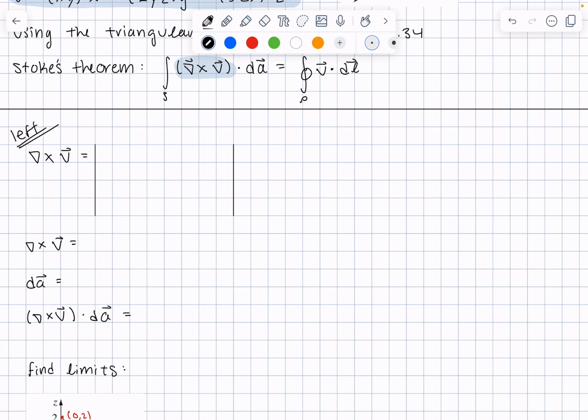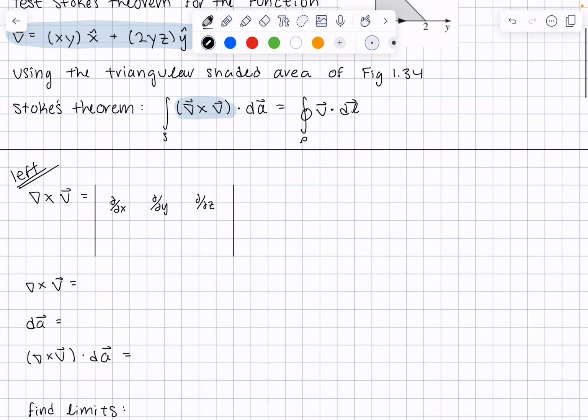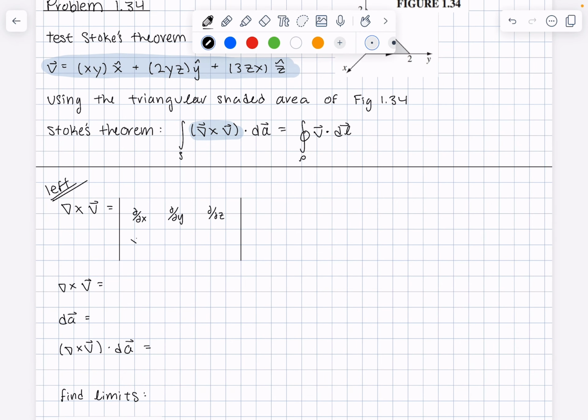To start, we'll have the partial with respect to x, partial with respect to y, and partial with respect to z. And our components xy, 2yz, and 3zx.